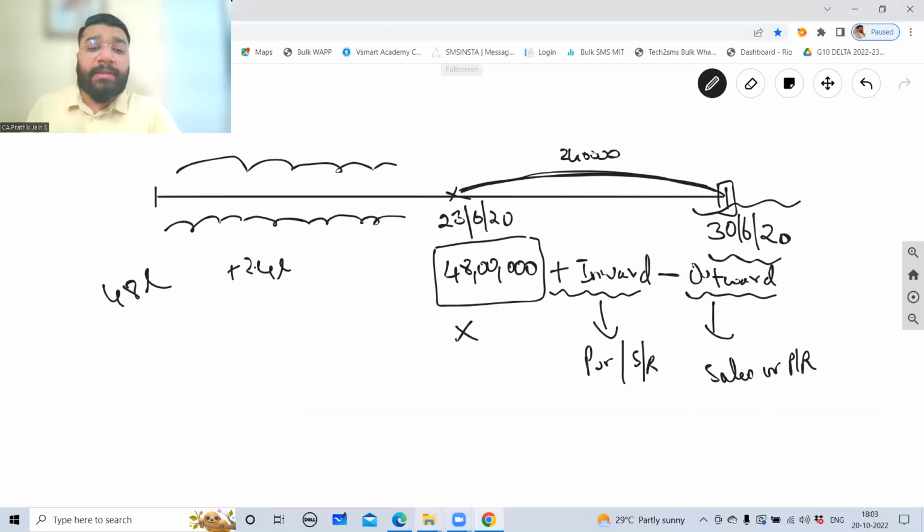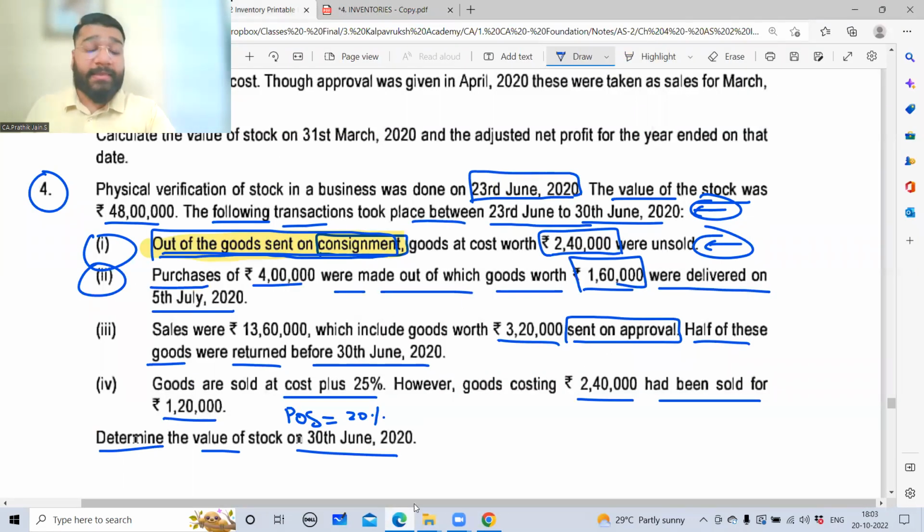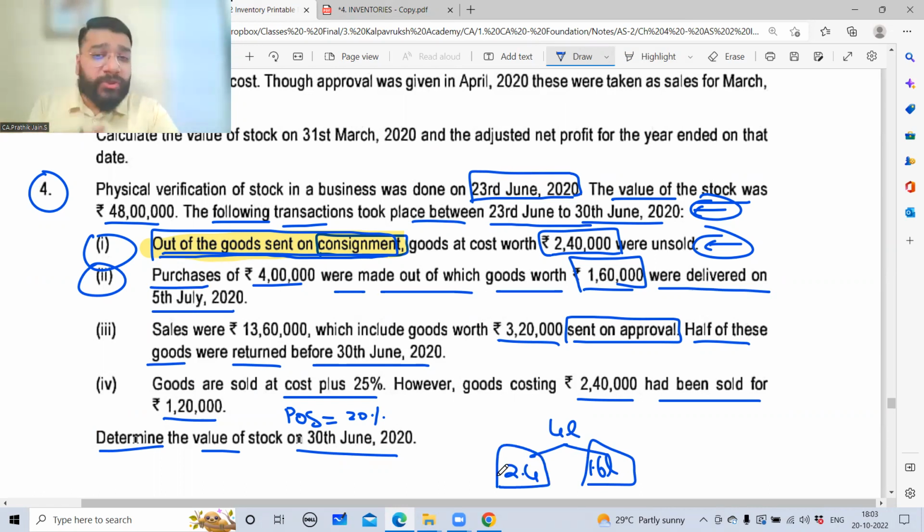Now here what people think is that out of 4 lakh, 1.6 lakh worth of goods were delivered in the next period, which means what happened to the balance 2.4? The balance 2.4 is delivered within the period.